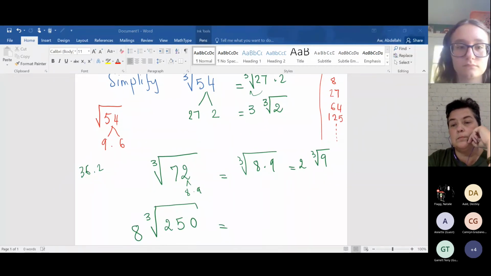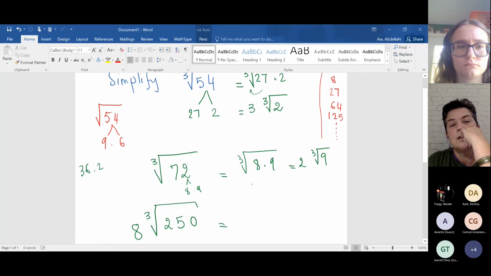Okay, and then, you see, this is a new sum. Let me answer this. Wait, I'm confused. I thought you pulled the cube root out.